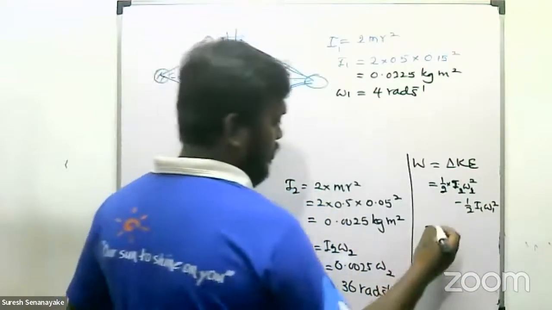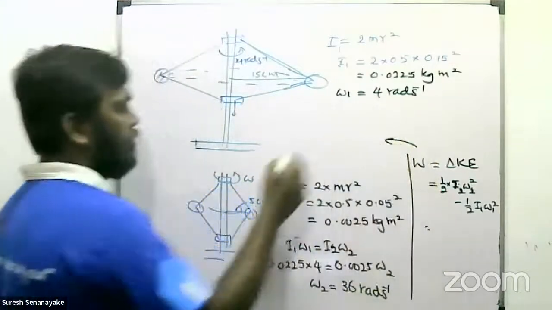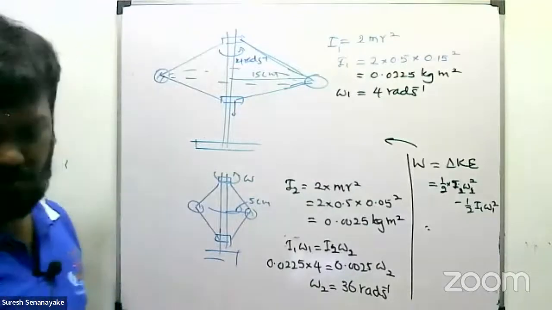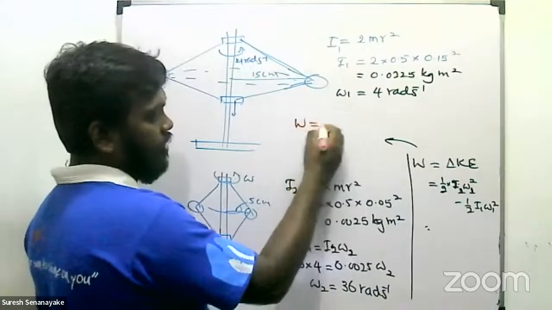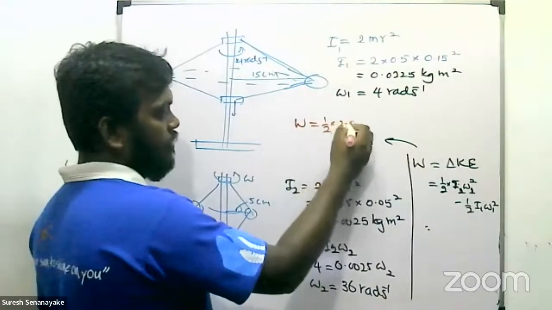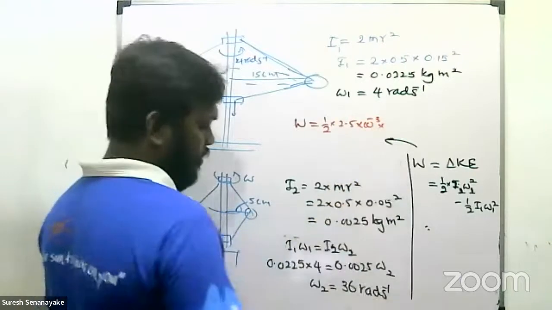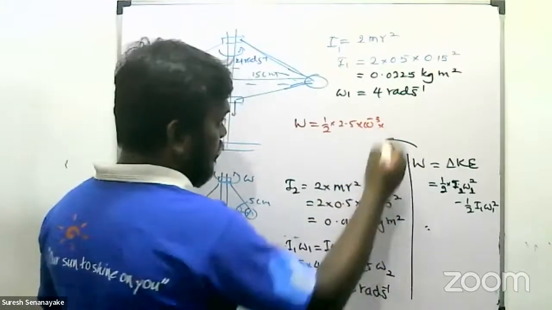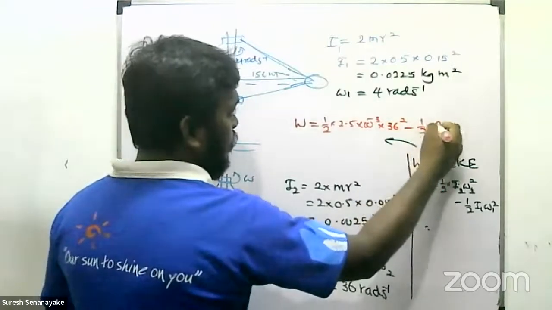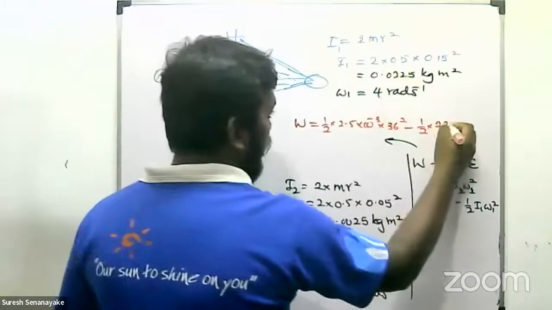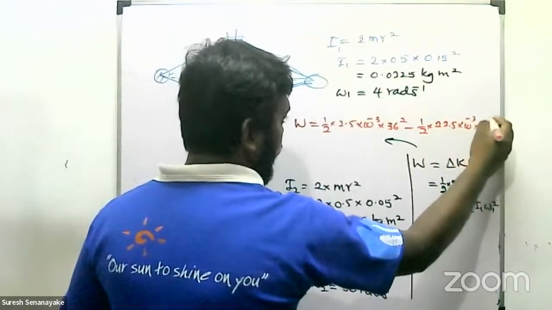So work done equals half into 2.5 into 10 to the minus 3 into 36 square, minus half into 22.5 into 10 to the minus 3 into 4 square.